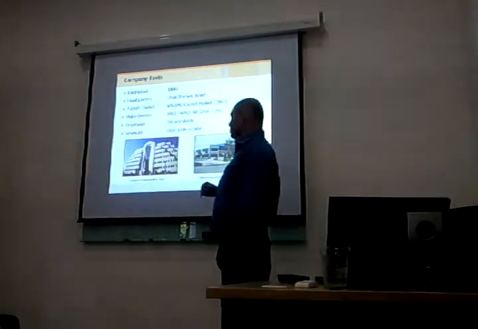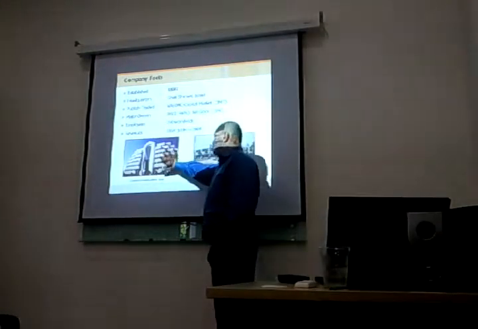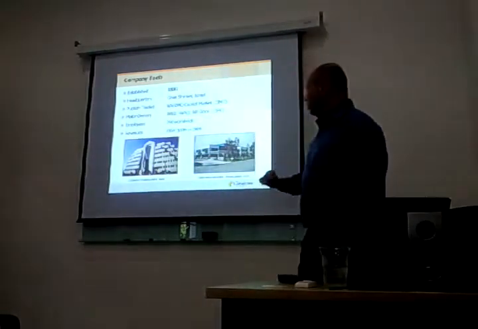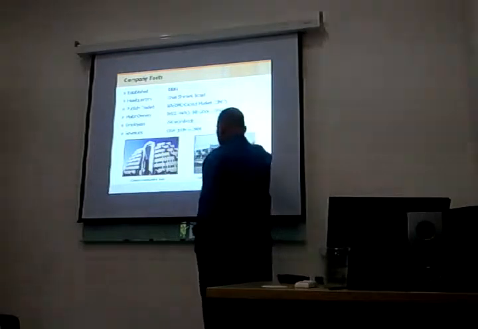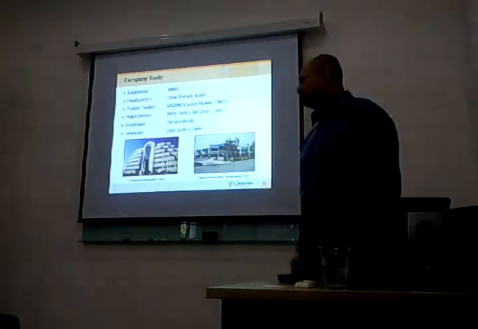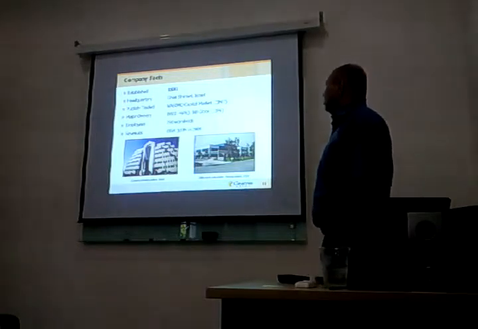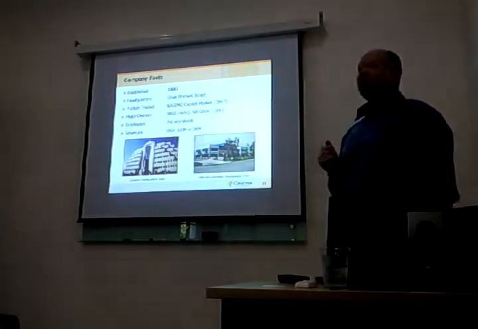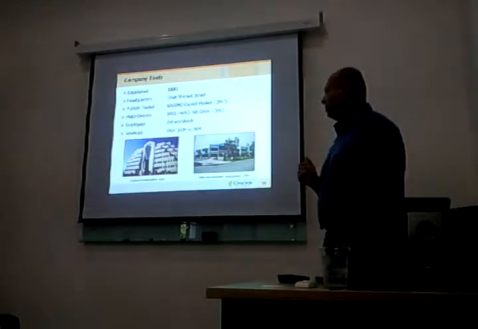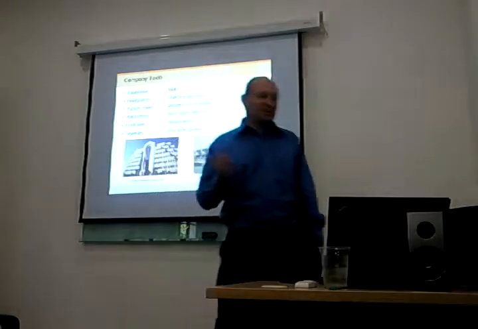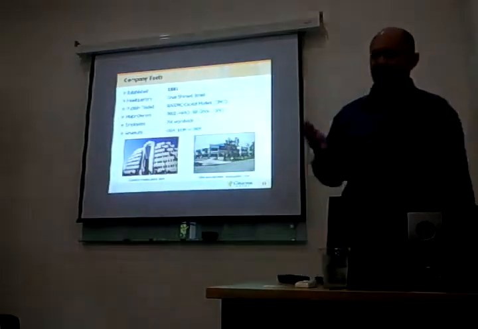We have 2 headquarters. In this headquarter, they make the product which is called Cimatron E. In this headquarter in California, we make the GipsCam product. It is a NASDAQ traded company, very transparent. If you go on the website, you can find information.